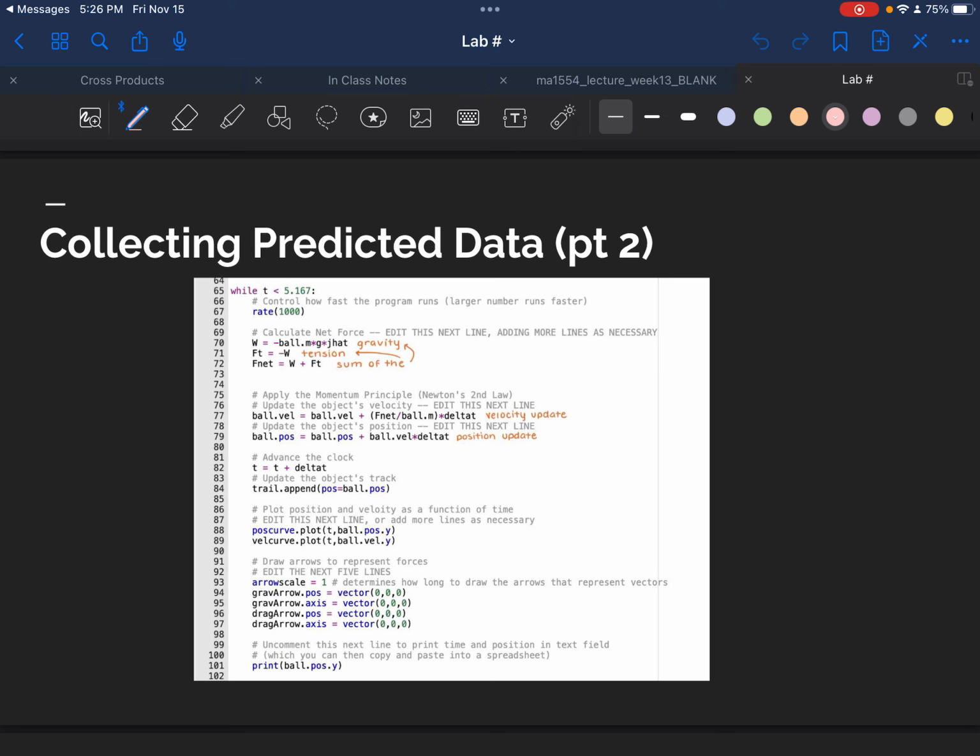Then I calculated the tension force that the slinky was exerting, which was just the same magnitude as the gravitational force, but in the opposite direction. Then by taking the sum of the two forces, I was then able to calculate the net force acting on the slinky system. And finally, I put in the equations to calculate for the new velocity and the new position of the slinky, both of which were derived from Newton's second law.